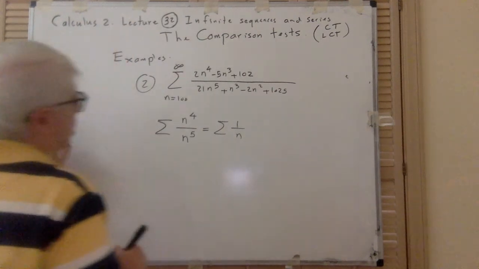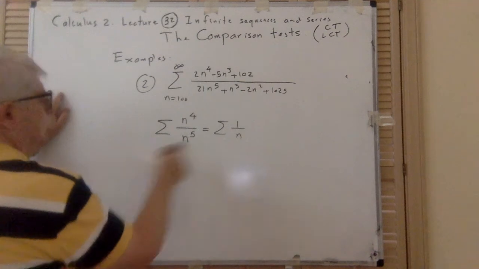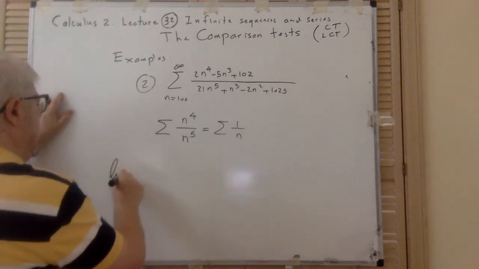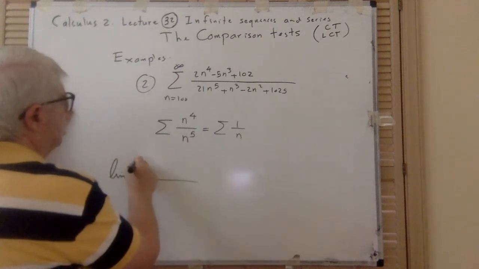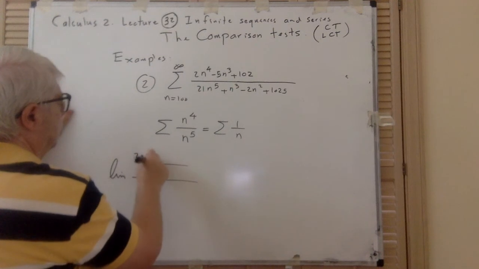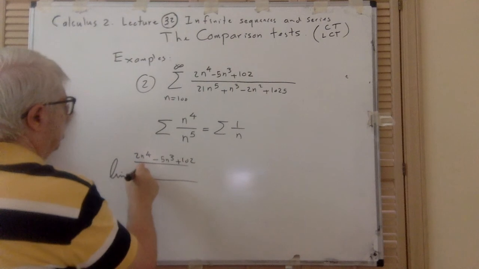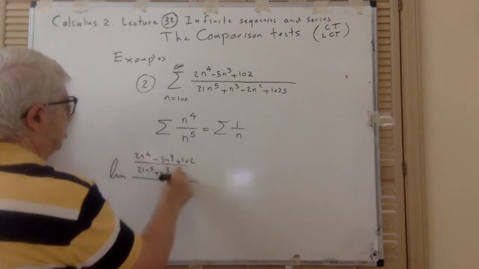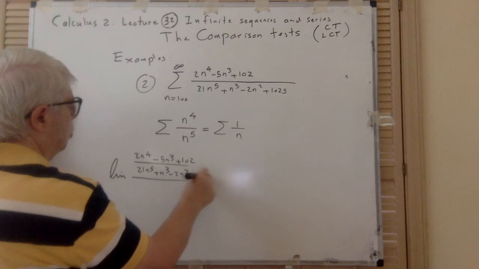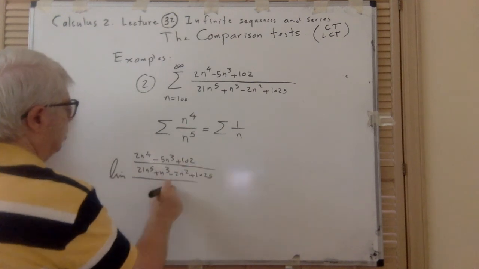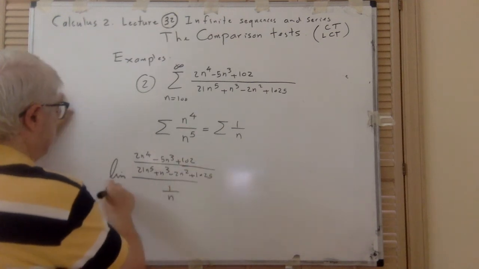Now, limit comparison test. I should divide this term by this. So limit of that term, 2n^4 minus 5n^3 plus 102 over 21n^5 plus n^3 minus 2n^2 plus 1025, divided by 1 over n, as n goes to infinity.